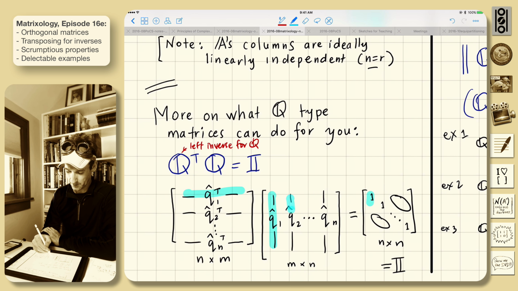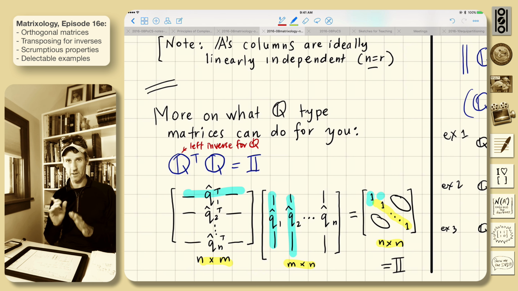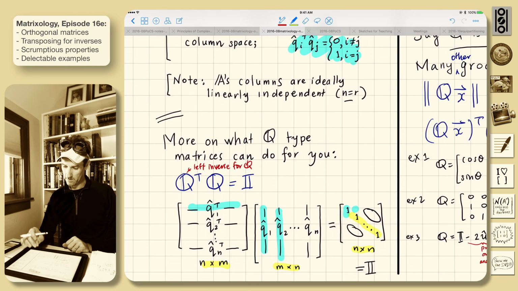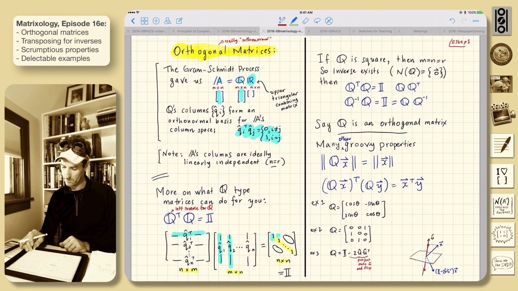The inner product with Q2 is going to be a 0, etc. So the only things that we get that are non-zero are along the diagonal. We start with an m by m and an m by n, so we end up with an m by n. So it's not quite a complete inverse.